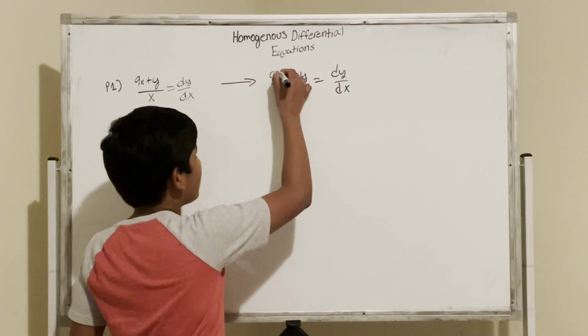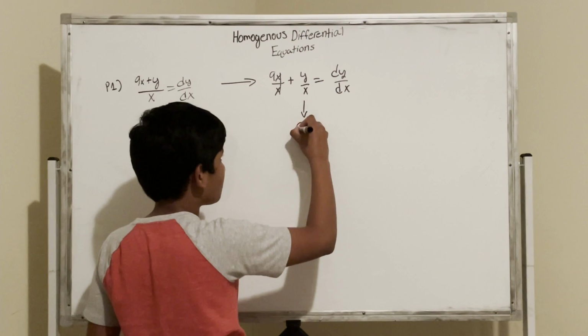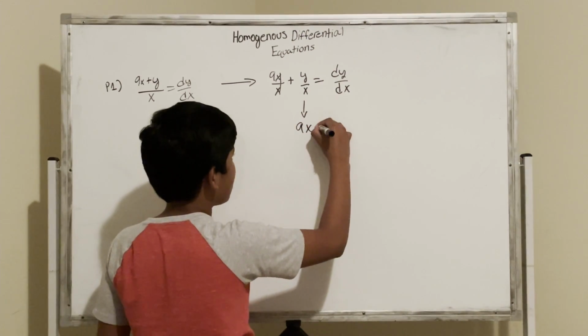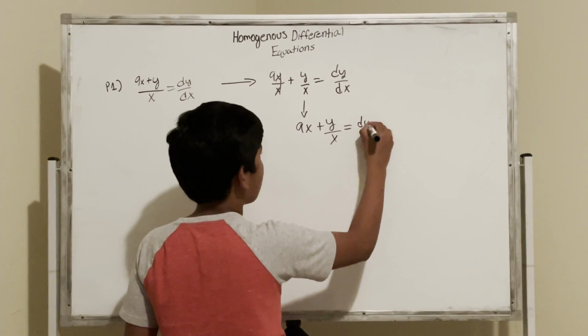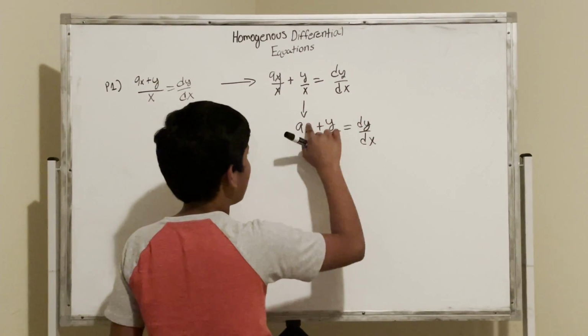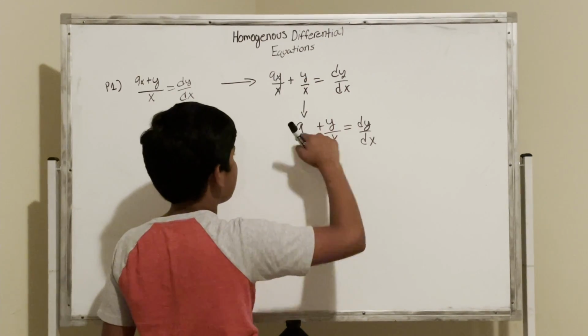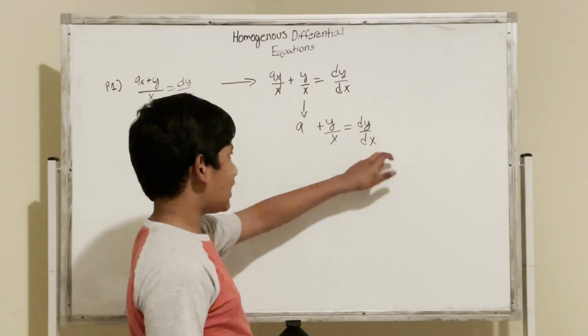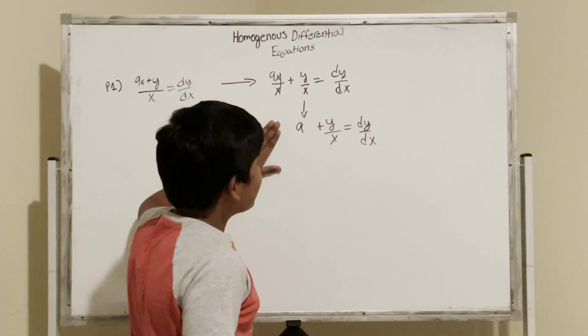Now we can cancel out the x's to get 9 plus y over x is equal to dy over dx, and since we just canceled out the x's, it'll be plainly 9. And now we can save this equation.